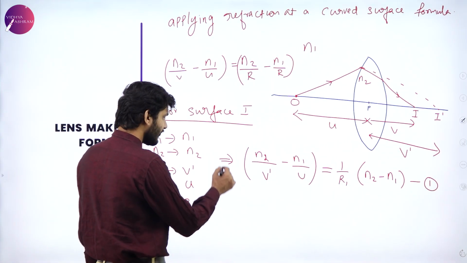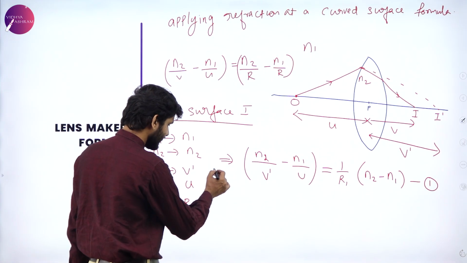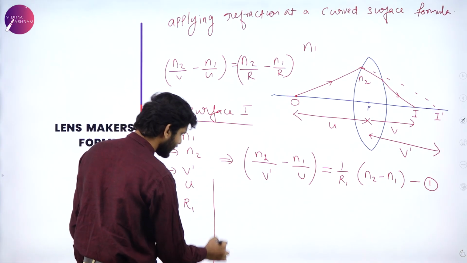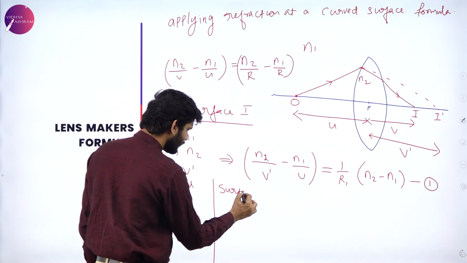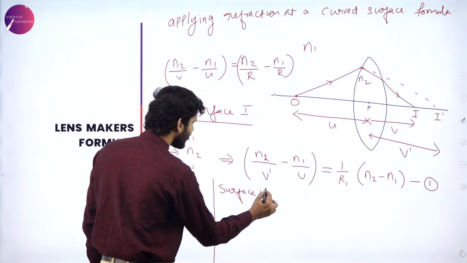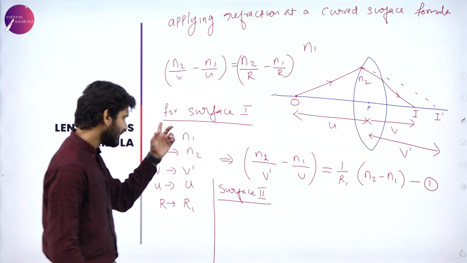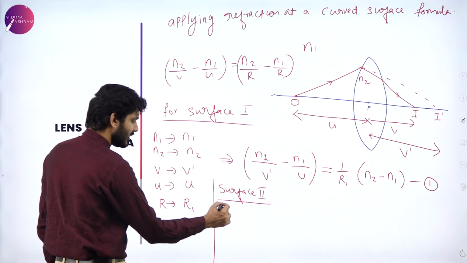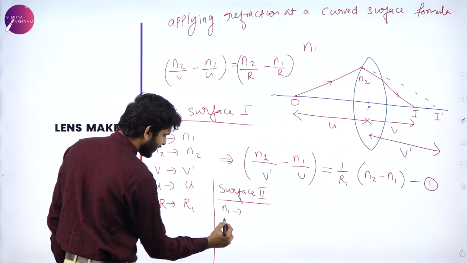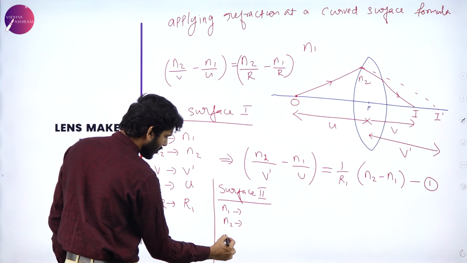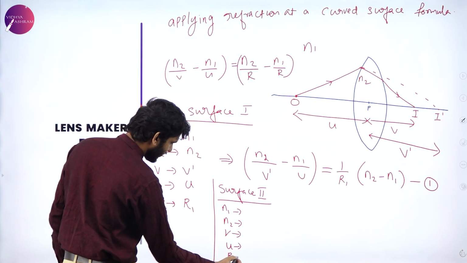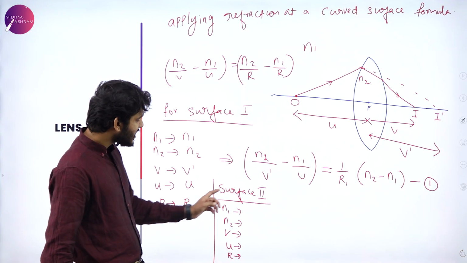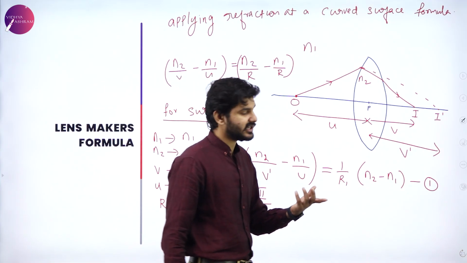Now again, this is for surface number 1, and for surface number 2, the same things we have to write down. That is what N1 will become, what N2 will become, what V will become, what U will become, what R will become. Here N1 is the first material medium.